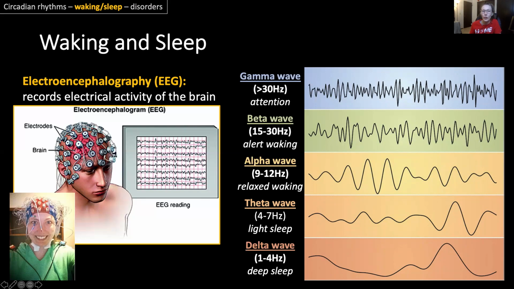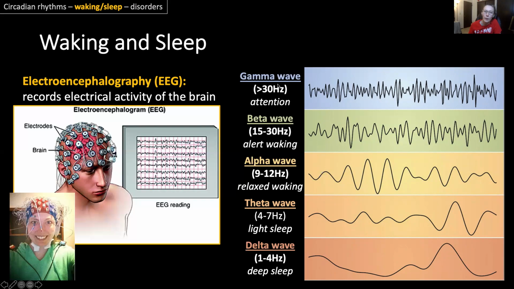Frequency is measured in hertz. In this case, what we're organized in here from top to bottom is highest frequency, things over 30 hertz, all the way down to lowest frequency. This is only 1 hertz, and you can see that it doesn't return back to normal very quickly. So frequency is the main component. We talked about wavelength too, which is how wide each of those peaks and troughs are.